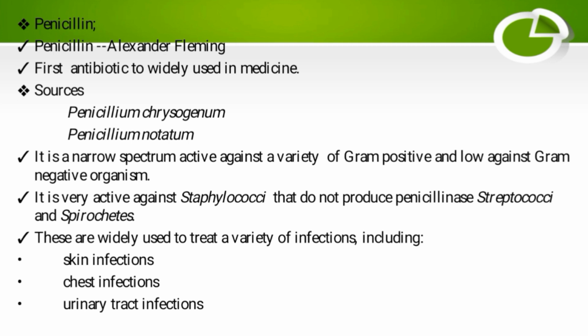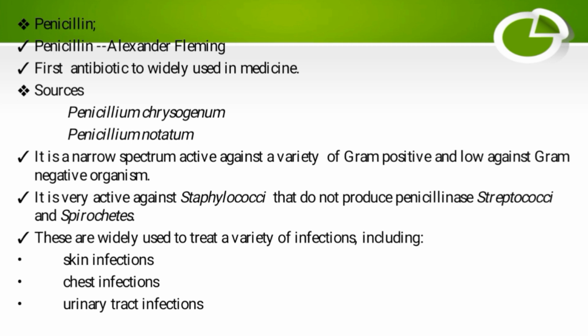First antibiotic widely used in the medicine field: penicillin. Penicillin was first discovered by Alexander Fleming. This is the first antibiotic. The sources: Penicillium chrysogenum, Penicillium notatum. It is a narrow spectrum antibiotic, active against a variety of gram-positive and low against gram-negative organisms.